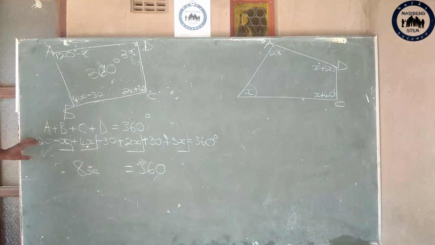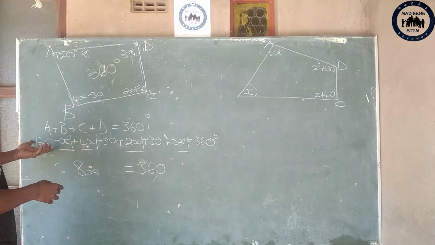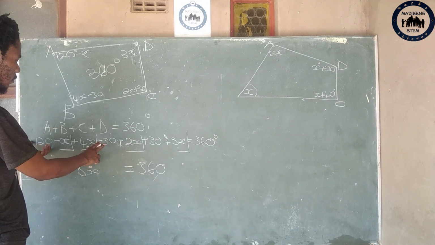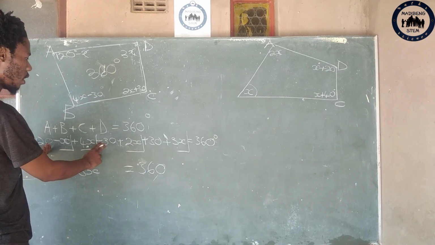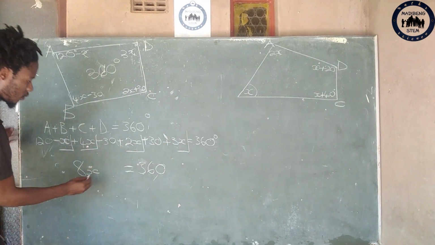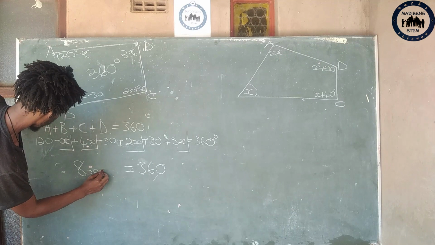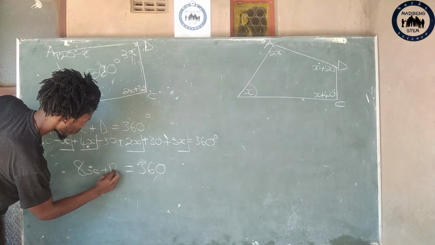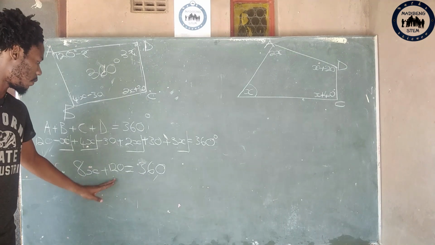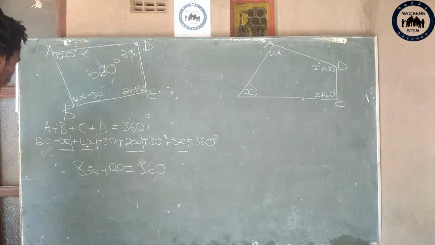Let's go ahead and check for these constant numbers. Let's combine them, add them and subtract them. 120 minus 30 is 90, plus 30 is 120. So 8x plus 120 is equal to 360 degrees.